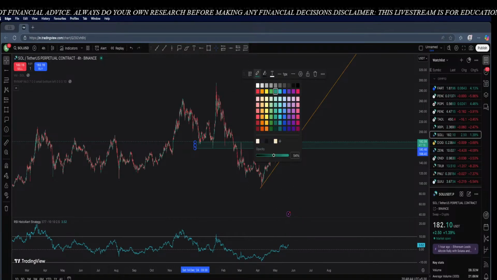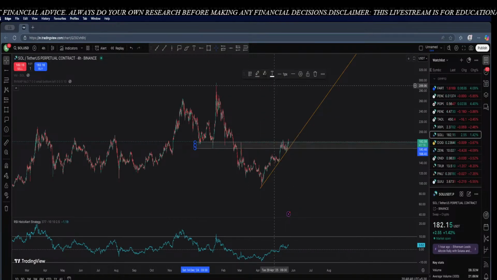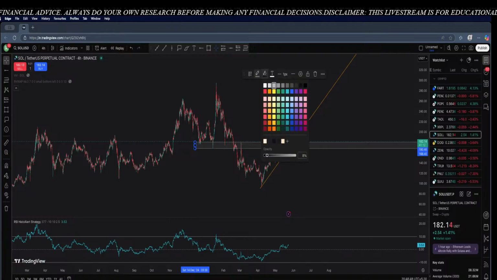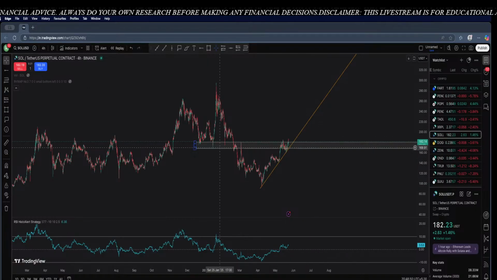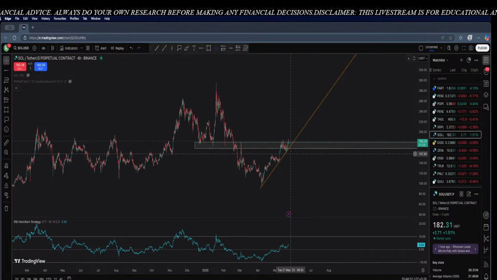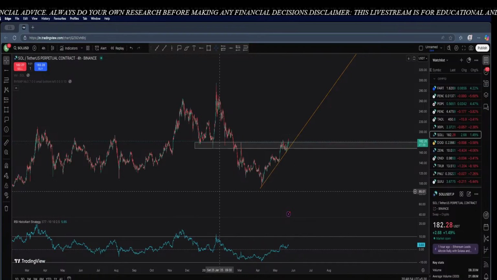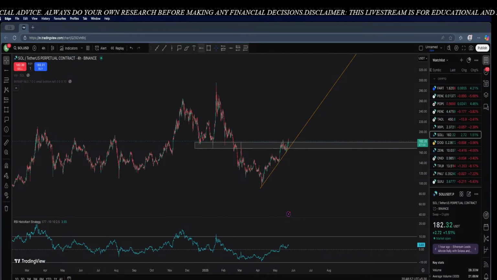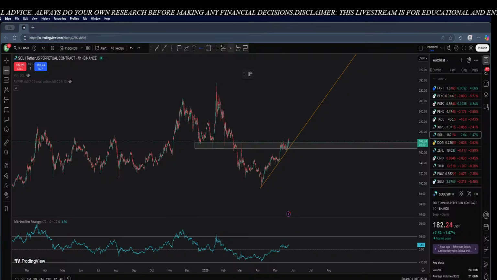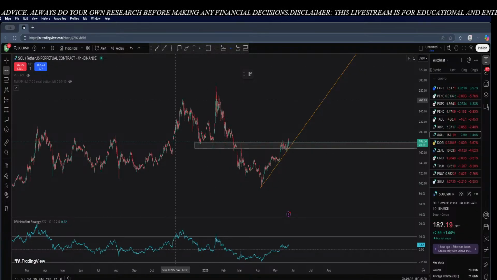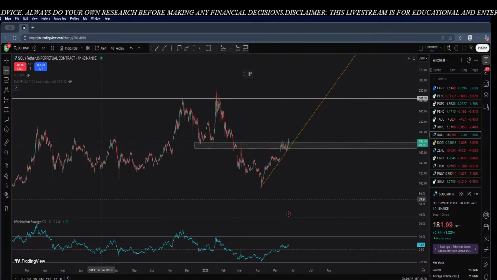I'm going to set it up in white because we are consolidating here, which means it is still yet to be decided what the price wants to do out here. So let me just keep it as a zone and then set up some resistance and support levels.